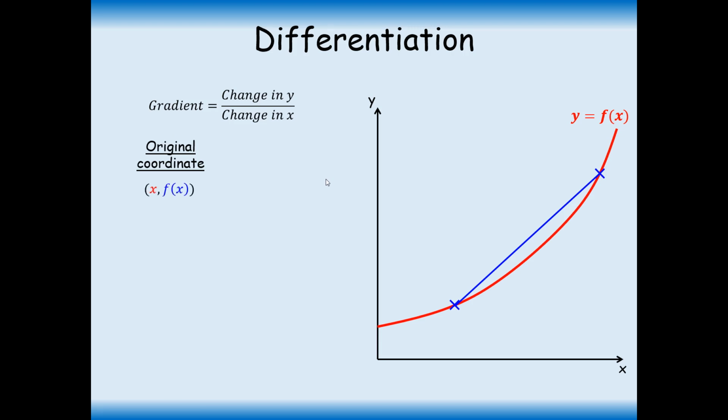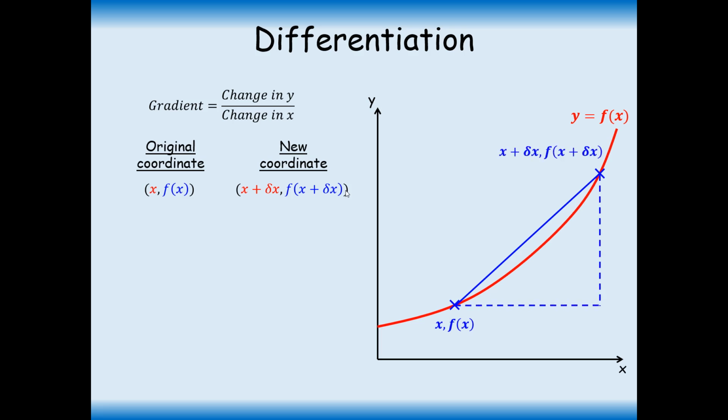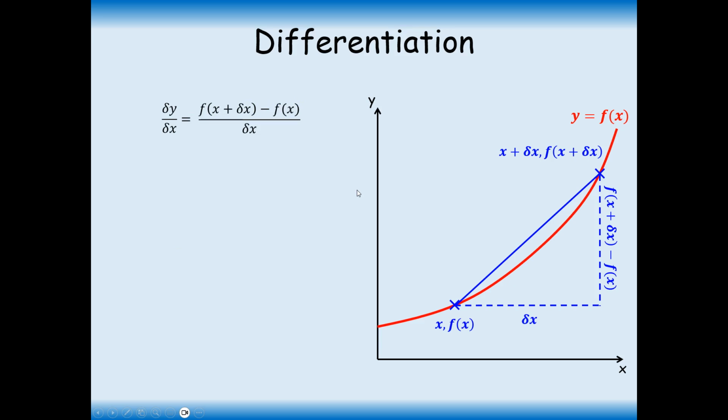If we take any 2 points on the graph, for example, and label them x and f of x, the lower value will be x and the f of x will be its y value, and the second one on the top right corner would be x plus dx, and its y value would be f of x plus dx. And from first principles, you should be familiar with this formula where we are going to take the limit as dx approaches 0 of this formula.